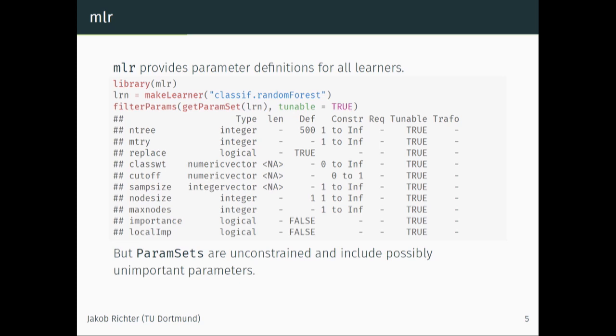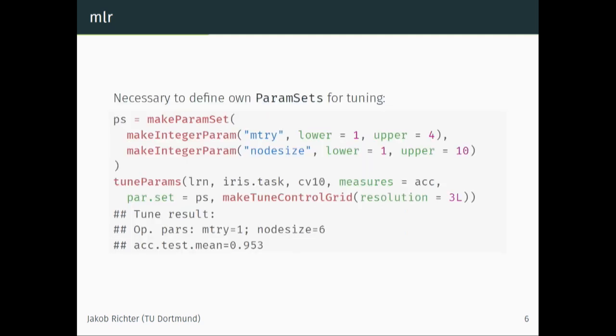In mlr, there's no other way than to think and have some knowledge about the method and come up with your own subset parameter set. There is a package called ParamHelpers, which I will link later in the slides, which is an integral part of mlr but can also be used independently.